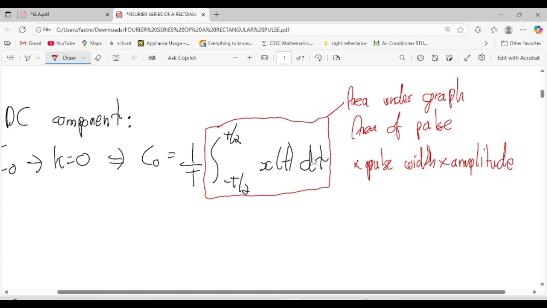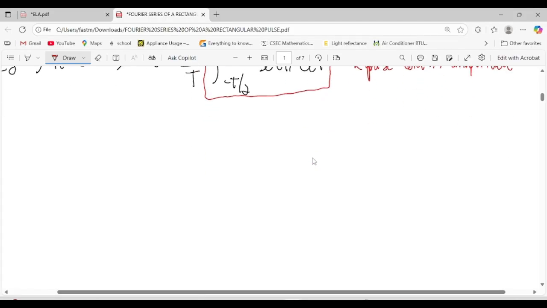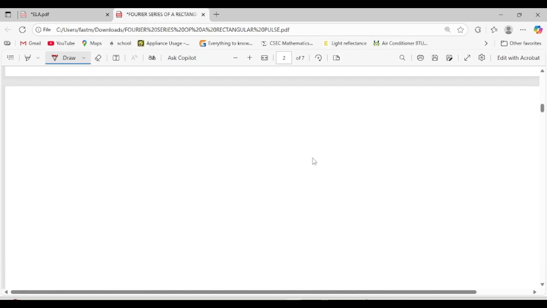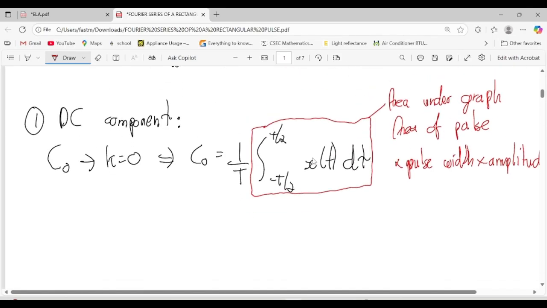In this case, to keep it simple, if the amplitude instead of 3 was just 1, the area of the pulse would just be 2T1, because 2T1 times the amplitude of 1 is 2T1. So the equation becomes C0 is equal to 2T1 on T.